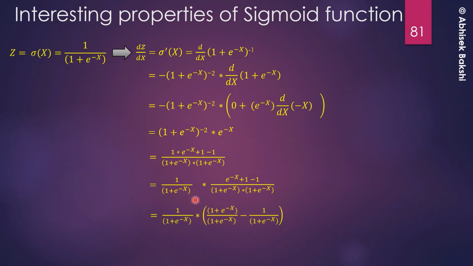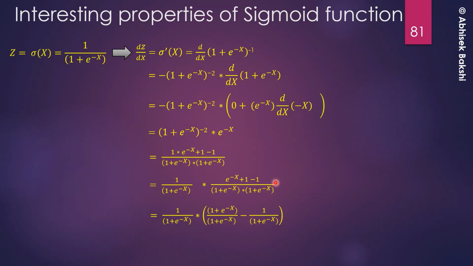Let's see. If we continue recreating this equation in a different way, let's separate this part and this part. What I have done is I have just written 1 plus e to the power minus x, this one, by 1 plus e to the power minus x, minus 1 by this.